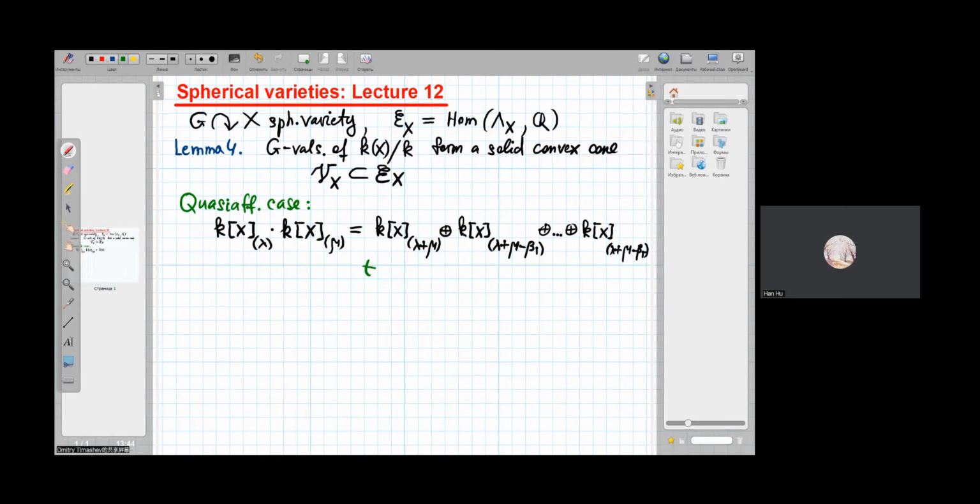So the tails, the beta i's, are sums of positive roots.